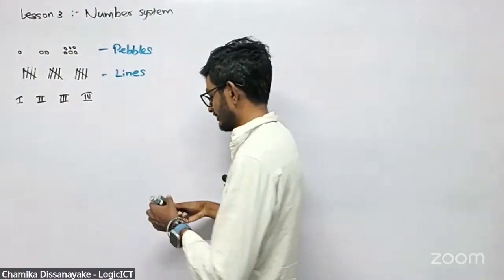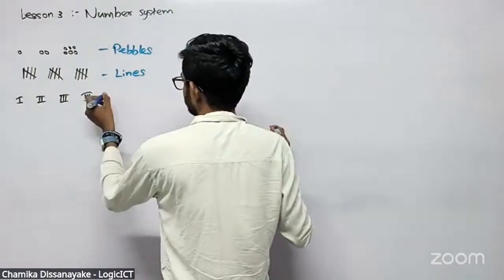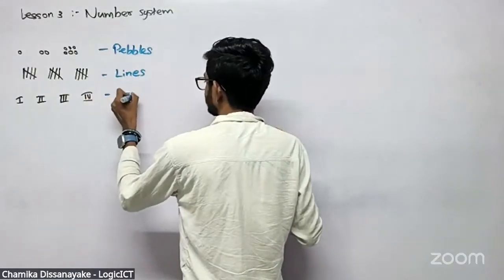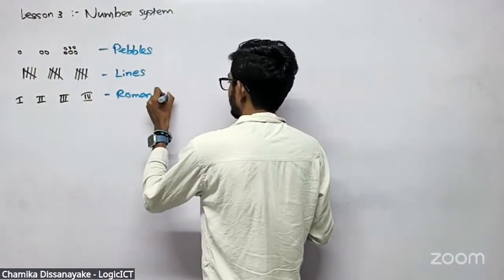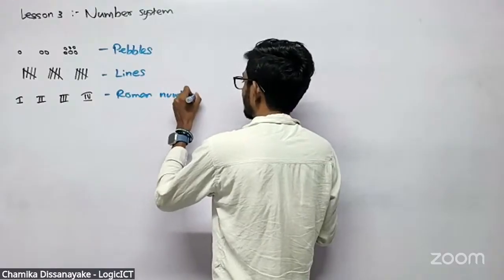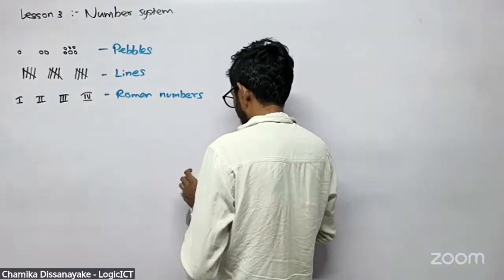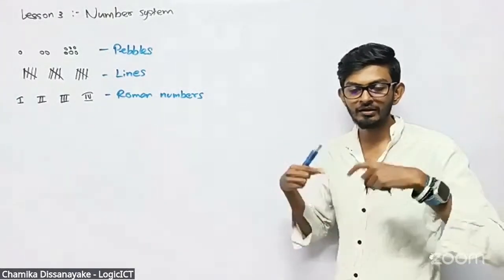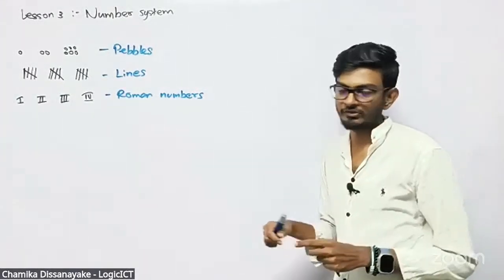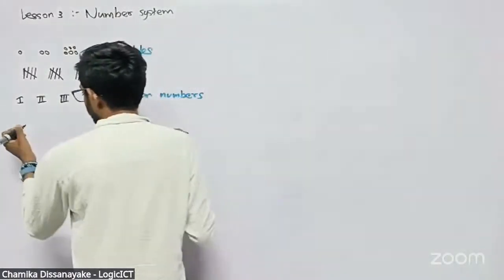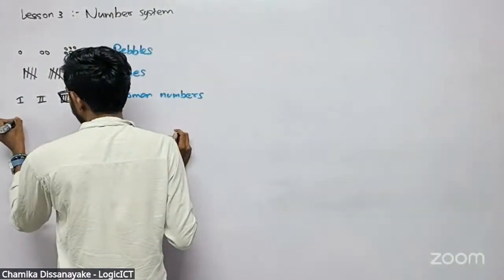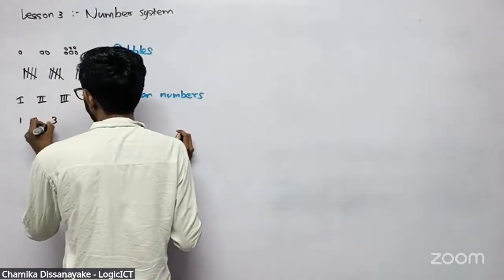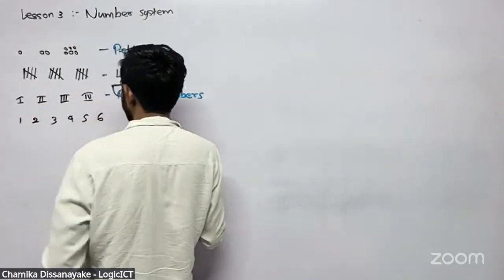So those are Roman numbers. I will write Roman numbers. And then the number system that we are using nowadays. What? Hindu Arabic. 1, 2, 3, 4, 5, 6, likewise.